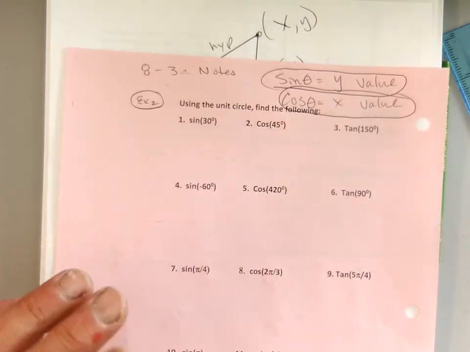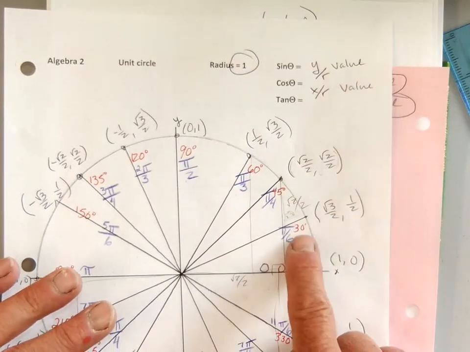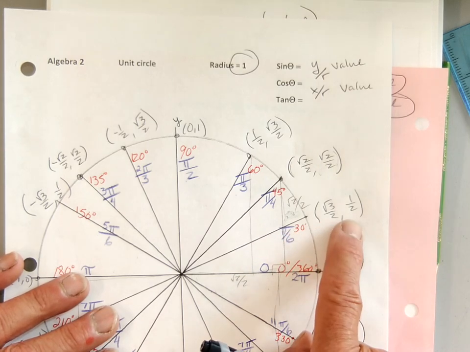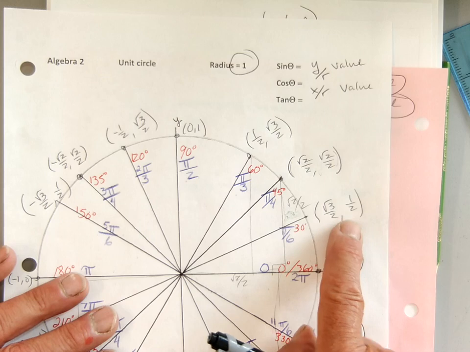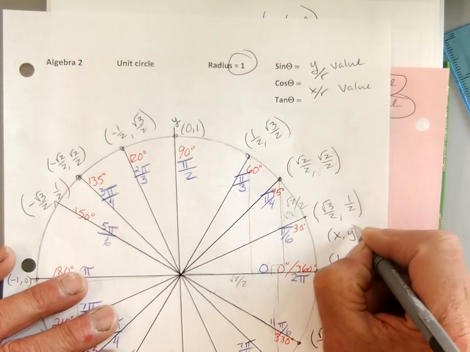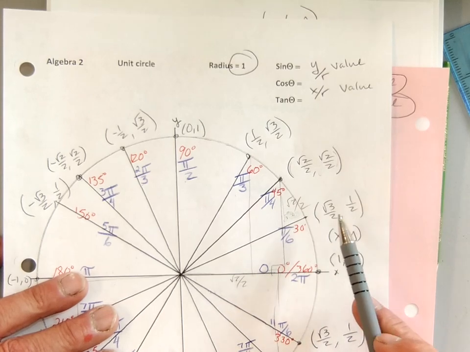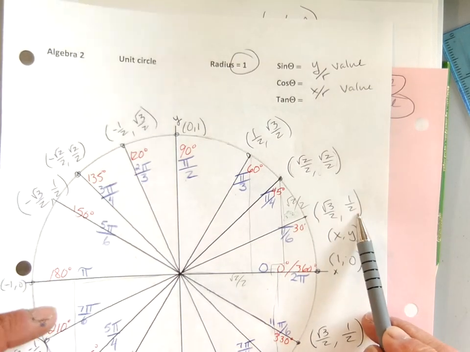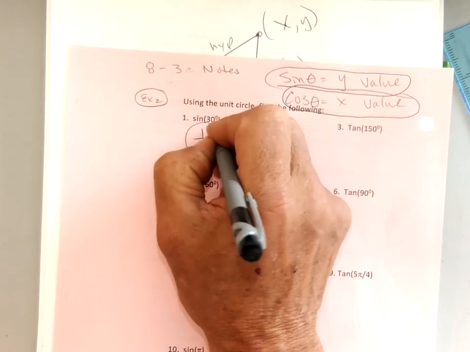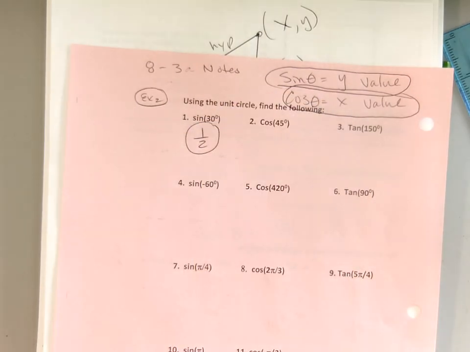So I go to 30 degrees. Every point has an x, y value. The y value is 1/2. So the sine of 30 degrees is simply 1/2. If you use a calculator, you get the exact same answer, but we can do it without a calculator.